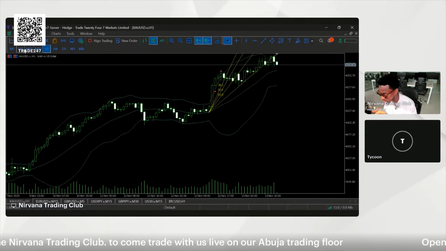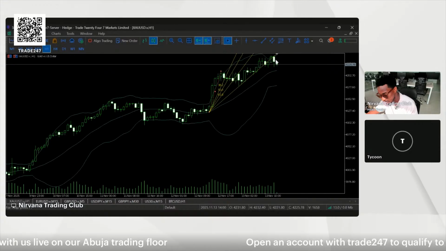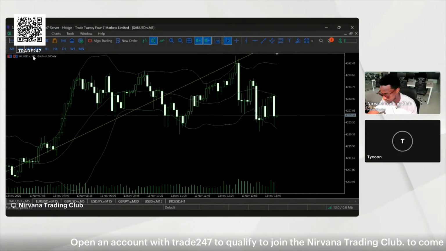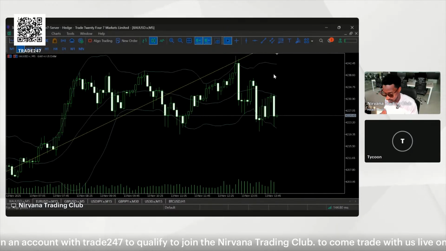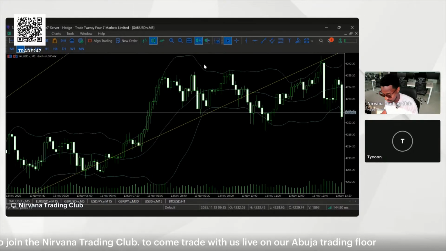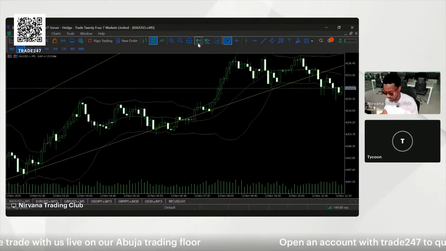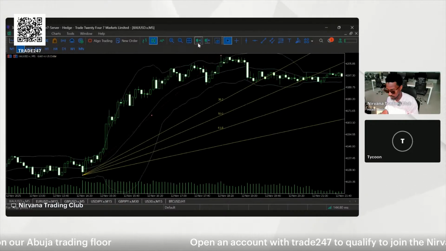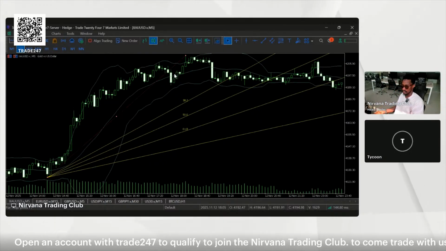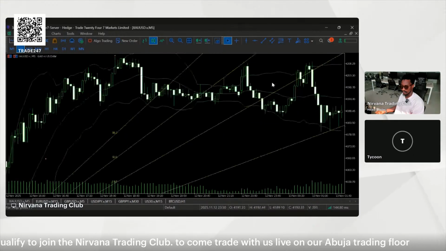So let's pan towards the 5 minutes to see how it's played out, how gold surged from here. So looking at the 5 minutes now, yes, so this was price earlier this morning before it consolidated in the early hours of the day.